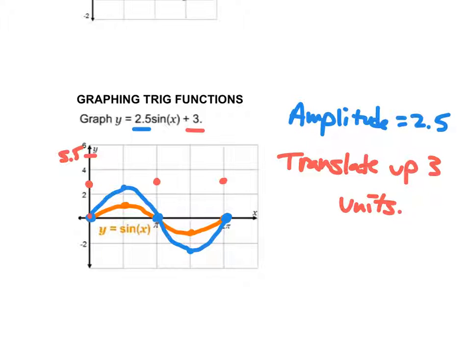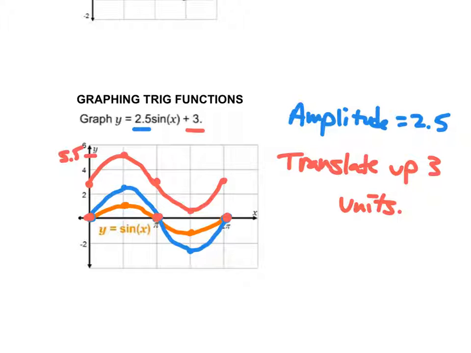So what I'm doing is taking all these points that have a y value of 0 and moving them up 3. I took this point right here, which is a value of 2.5, added 3 to that to get to 5.5. And then if I take negative 2.5 and add 3, this is just going to give me 0.5 here. So what I have is this new graph.